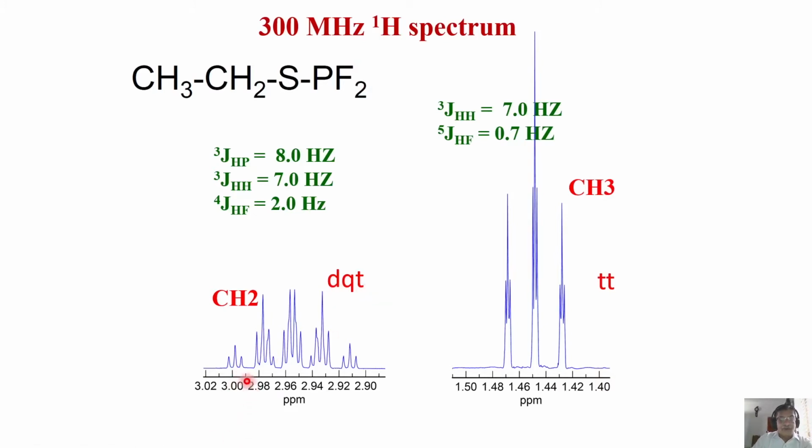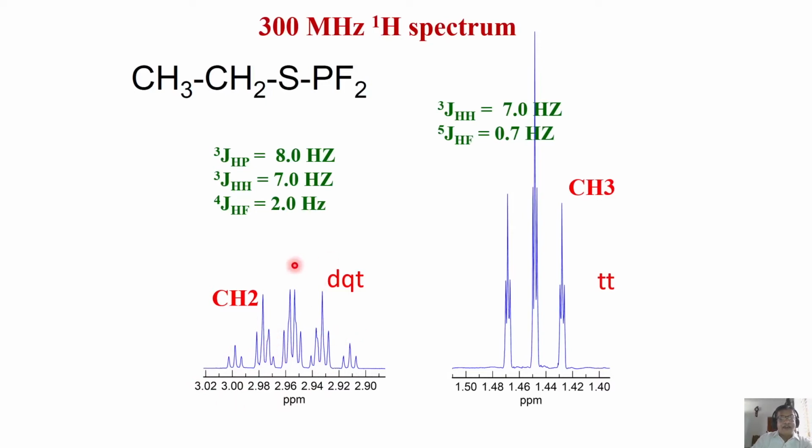You can see 1, 3, 3, 1, a quartet, 1, 3, 3, 1, a quartet, two quartets. And center of this quartet to center of this quartet corresponds to the doublet. And each of these lines is a triplet. See, with many overlaps, you are not seeing all the lines carefully, but you can understand very easily.